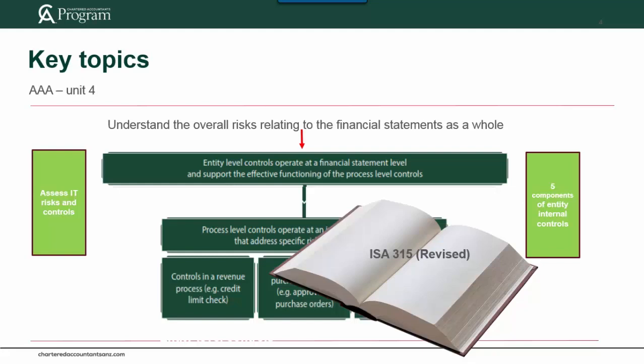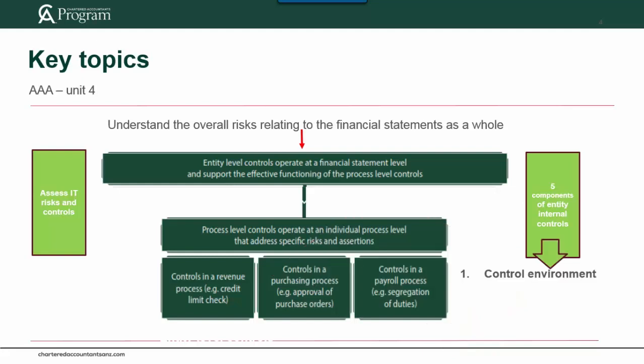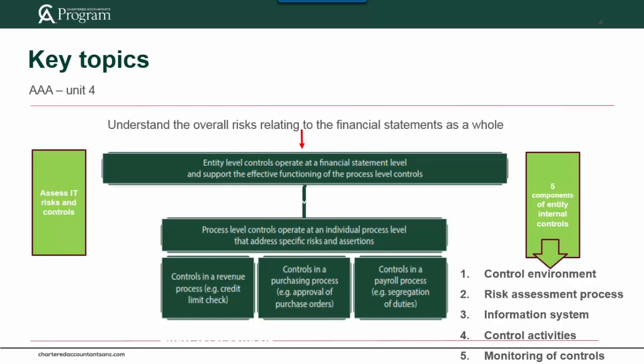These 5 components are the control environment, risk assessment process, information system, including the related business processes relevant to financial reporting and communication, control activities, and monitoring of controls. We'll work through this diagram in more detail, starting with the first key topic, which is entity-level controls.